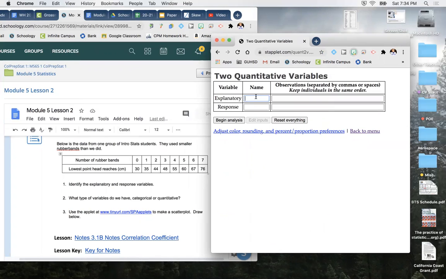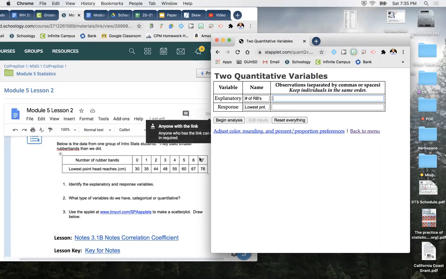It's asking specifically, what is the explanatory? The explanatory is the number of rubber bands, I'm going to put RBs. And the response is going to be the lowest point that the Barbie reaches, but I'm just going to put that for now.